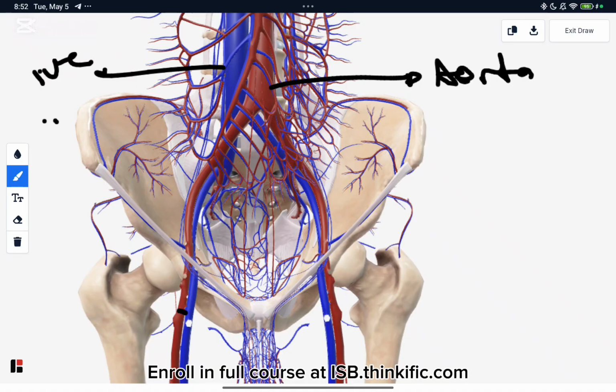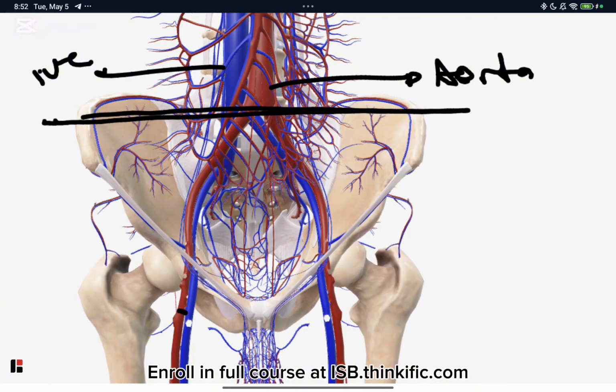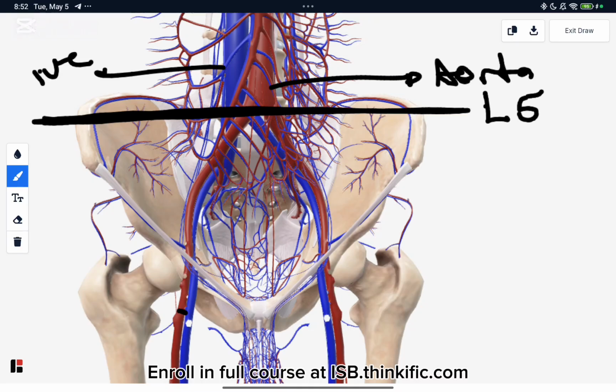This plane is simply called the intertubercular plane. This plane is level with the body of the fifth lumbar vertebra, L5.